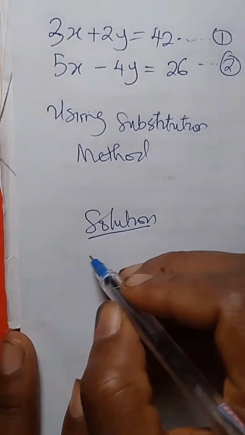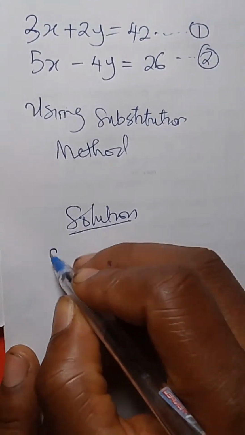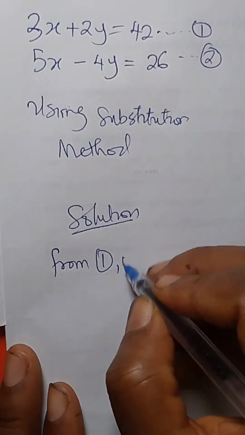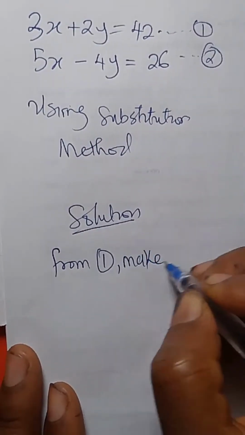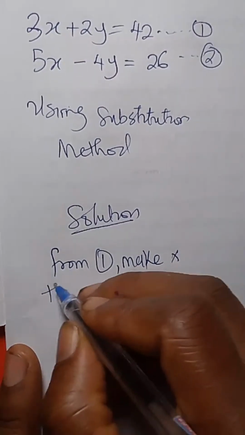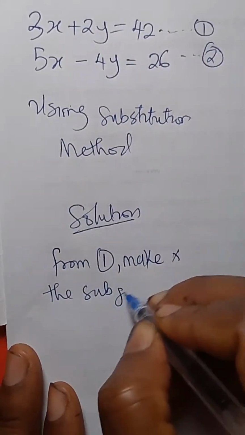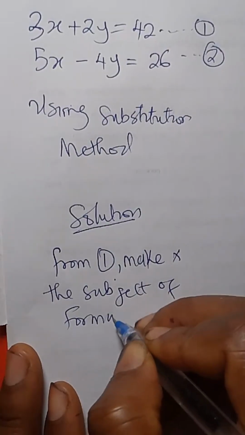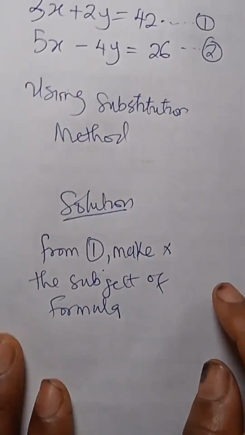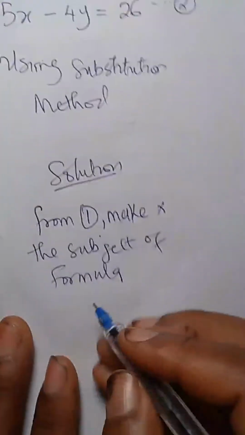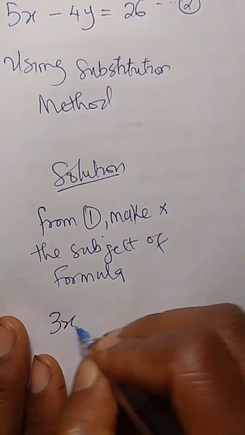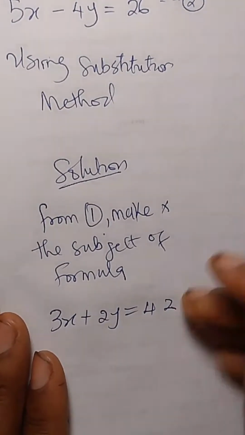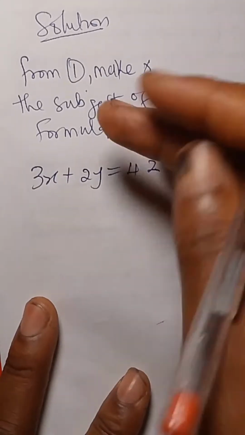So having said that, from equation 1, we are going to make x the subject of the formula. So from equation 1, we have 3x plus 2y is equal to 42.